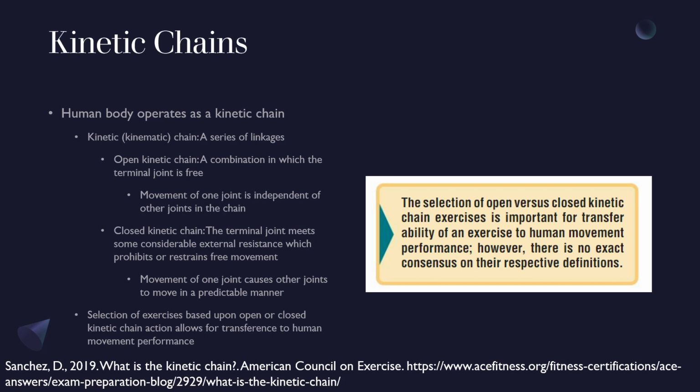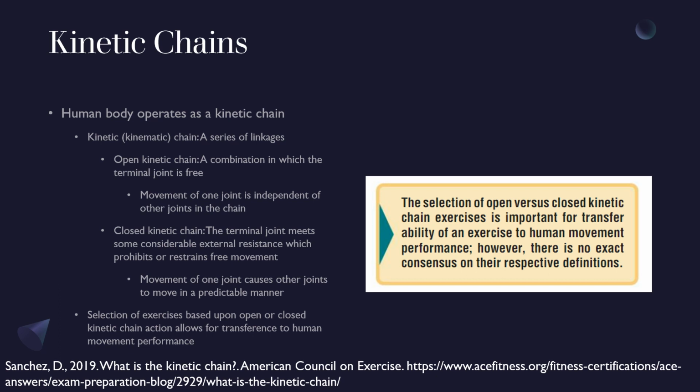Kinetic chains can be classified as open or closed based on the relationship between the distal end of the chain, whether hands or feet, and the environment. So in an open kinetic chain, the distal end of the chain is not fixed and is free to move in space. An example includes performing a bicep curl or leg extension, where the hands or feet are not in contact with a surface.